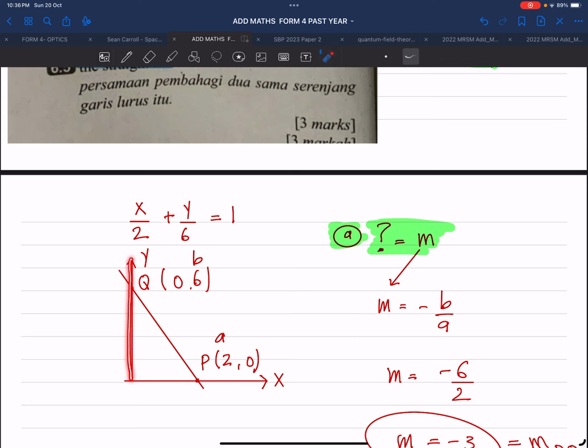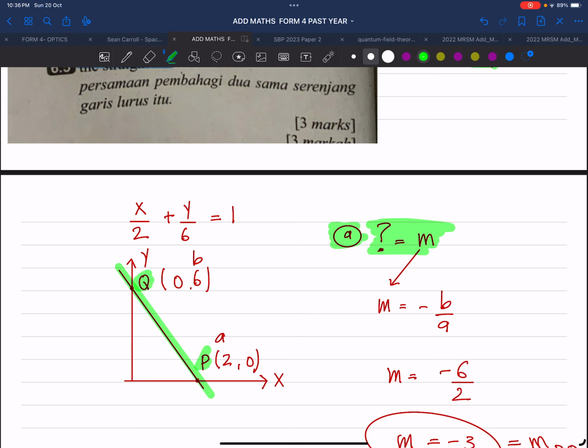This is the y-axis. This is the x-axis. Our question have said that this straight line, it cuts the x-axis at point P and it cuts the y-axis at point Q. Now we have to complete the diagram. If you see, a point on the x-axis, the y-coordinate must be 0.